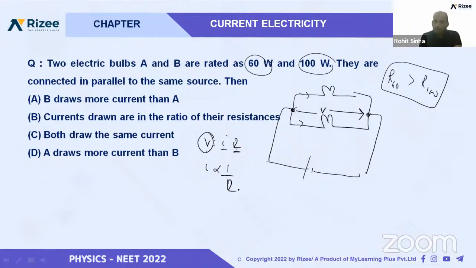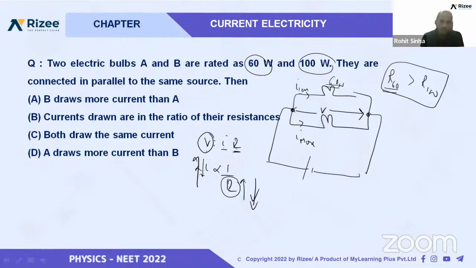So more resistance, less current. By common sense also, more obstruction means less current, and less obstruction means more current. The 60 watt bulb has more obstruction, so there is less current through this path and more current through the other.